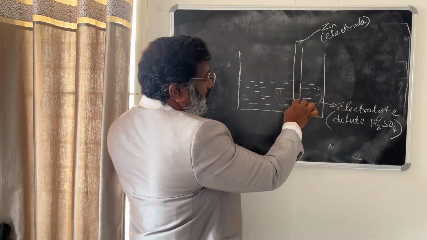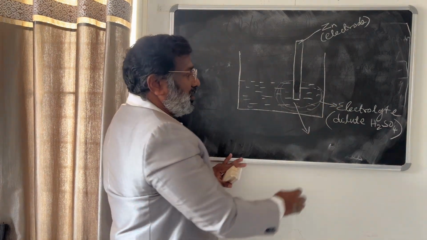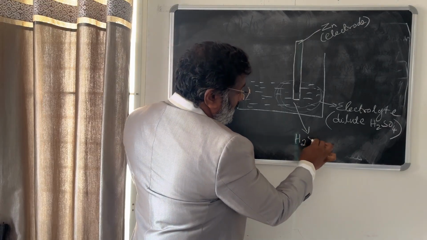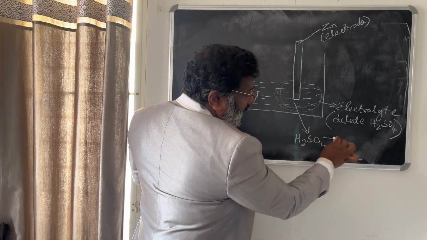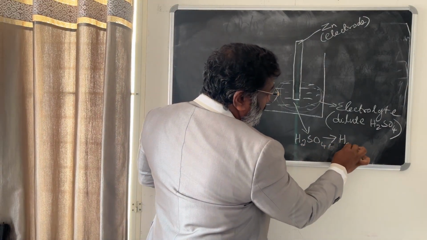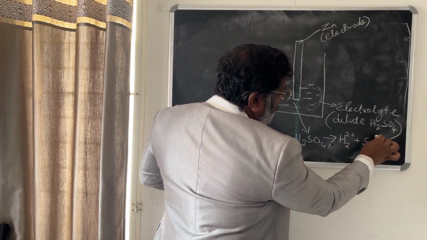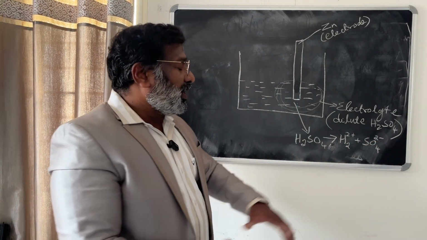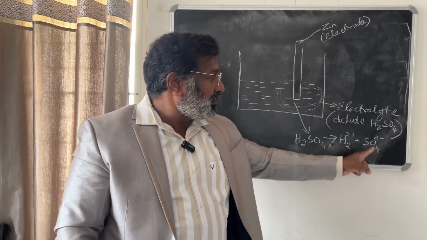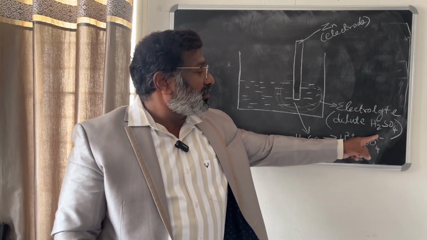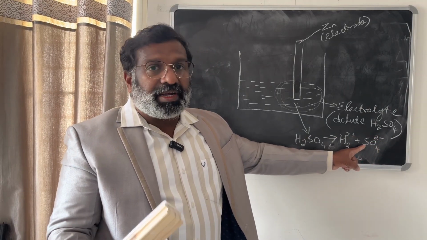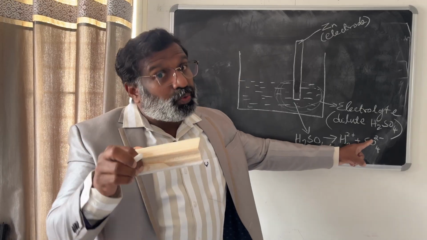Sulfuric acid in this region is split. H2SO4 is split into hydrogen ion and sulfate ion. What does this 2 minus indicate? 2 minus as superscript on the sulfate ion means it has 2 excess electrons.